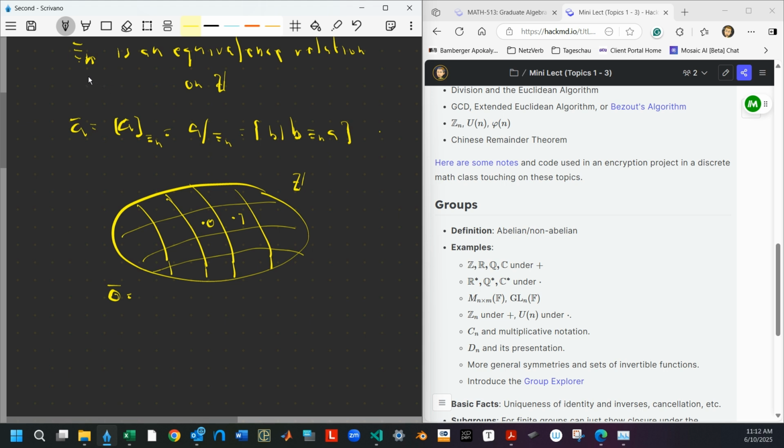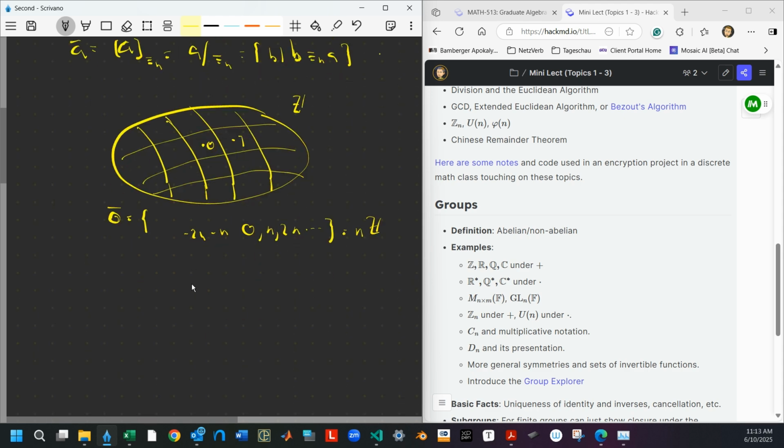So in fact n divides b. So this is just the set 0, n, 2n, etc., and going the other way, minus n, minus 2n, etc. Sometimes we might write this as nZ, because basically it's all multiples of n.